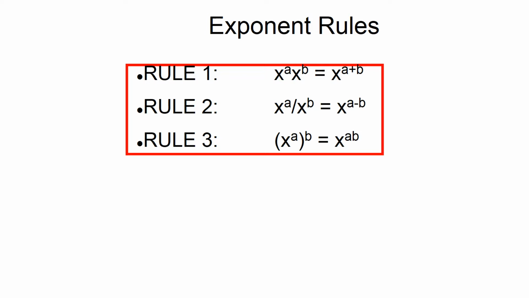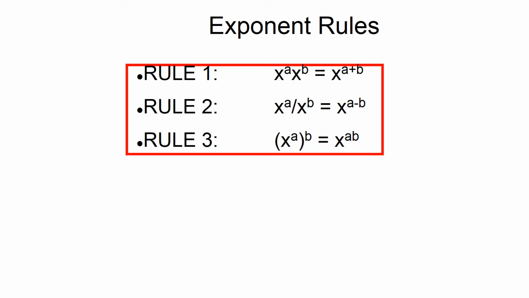So with this rule, if I had x times x, that's equal to x squared. And if we look at the exponents on that, that would have been 1 plus 1 equals 2.